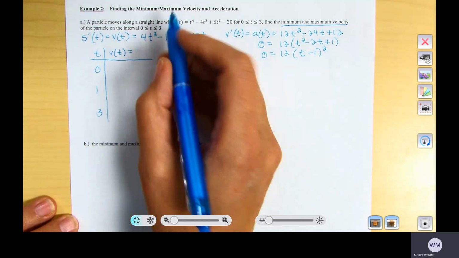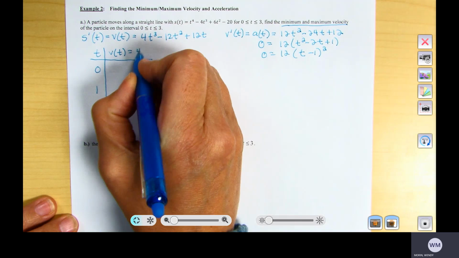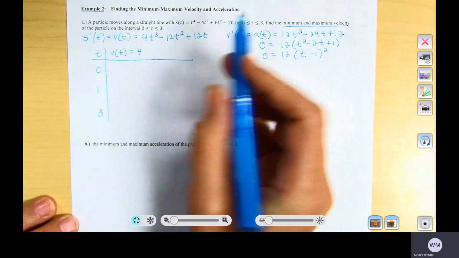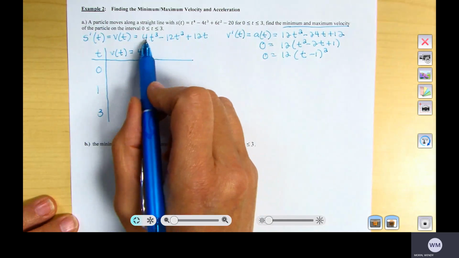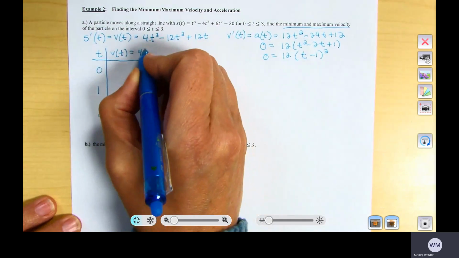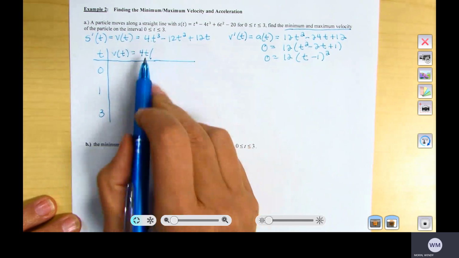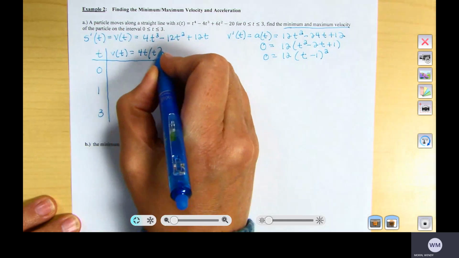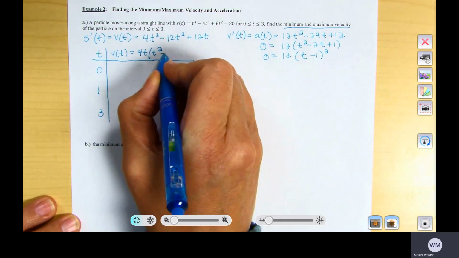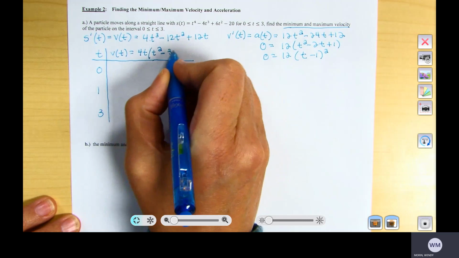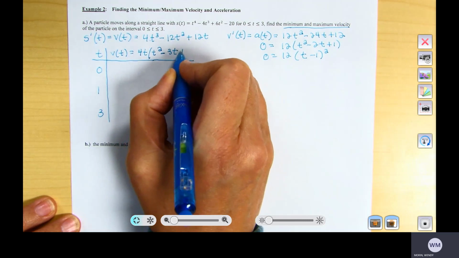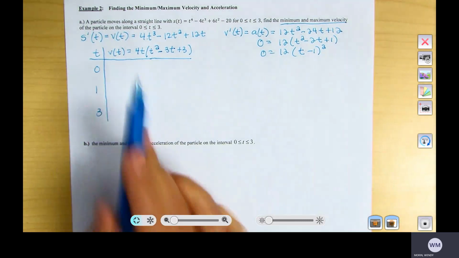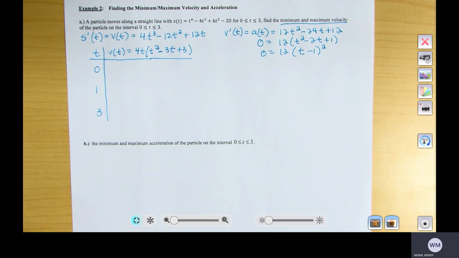So we need to use 4t cubed minus 12t squared plus 12t, and if you want to make it easier for substitution, because again, this is non-calculator, I would rewrite this as 4t, and what do I get when I take out a 4t? I get t squared minus 3t plus 3. That might make it a little bit easier to do substitution. Again, it's completely up to you.